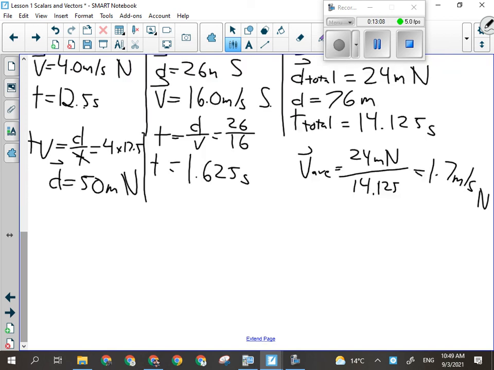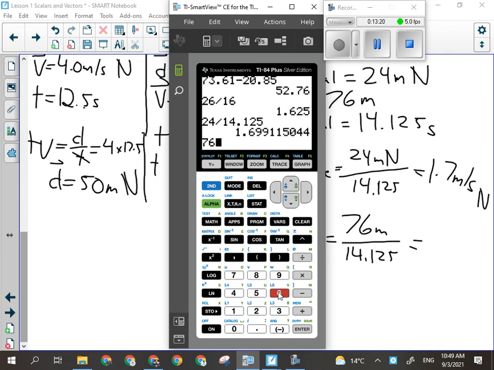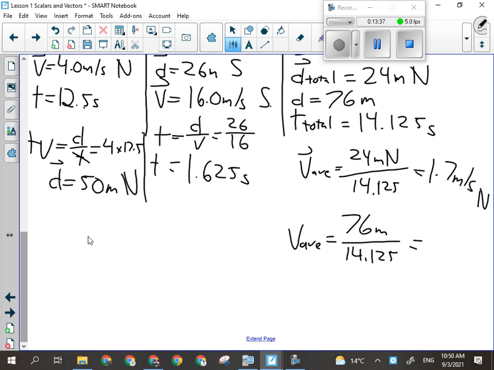All right, so now average speed is total distance, 76 meters, divided by the total time, still 14.125. Whoops, don't want a zero on there. All right, so we're looking at 5.4 meters per second.